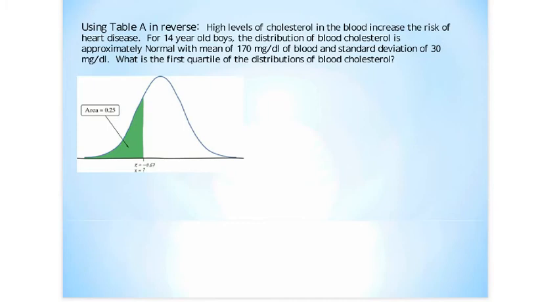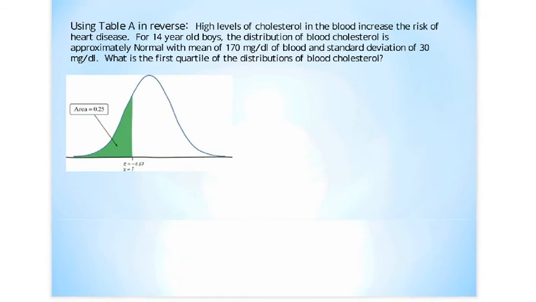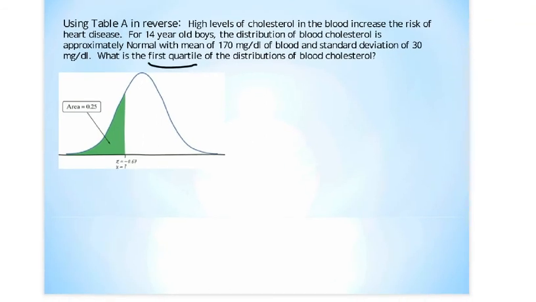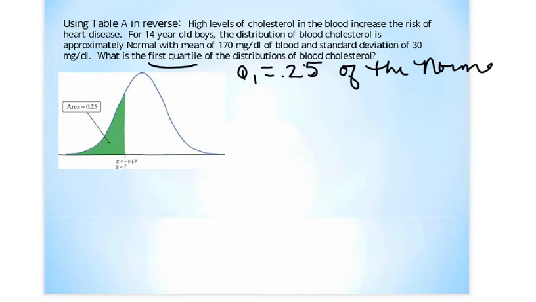Well, first of all, what are they asking us? First quartile? Really? They can't just say that? No, they can't. So quartile 1 is asking for the area that's 25%, or 0.25, of the normal curve. Okay, so I know the area, but I don't know the Z-score.